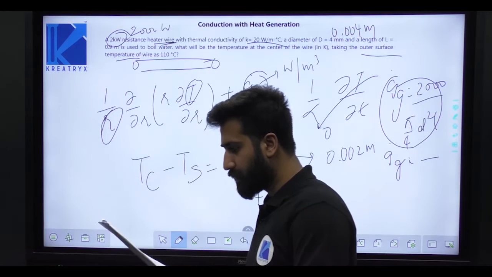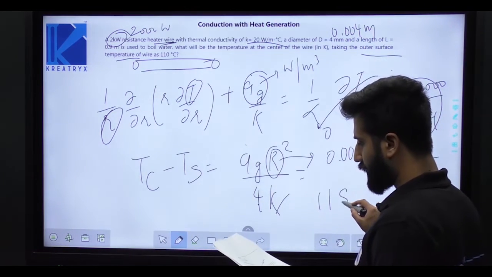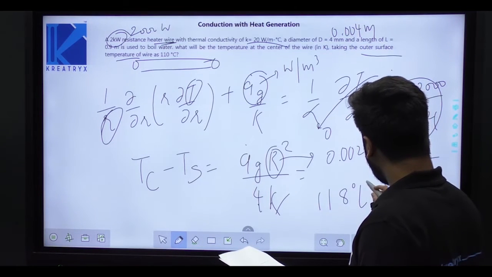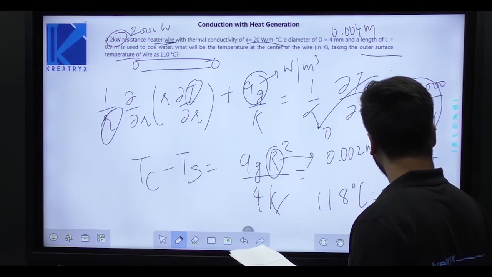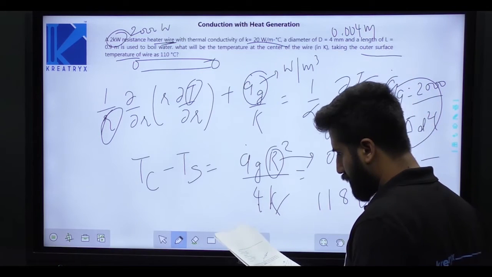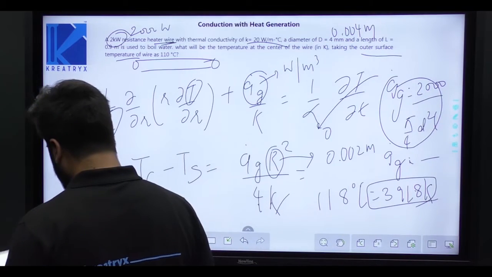The answer will be 118 degrees Celsius, which will be 391.8 Kelvin. So this will be the answer, 391.8.